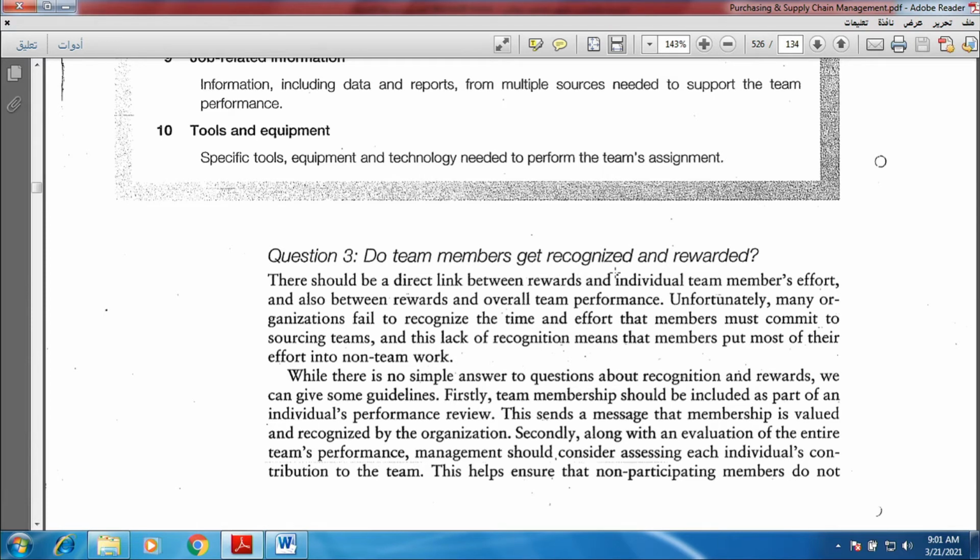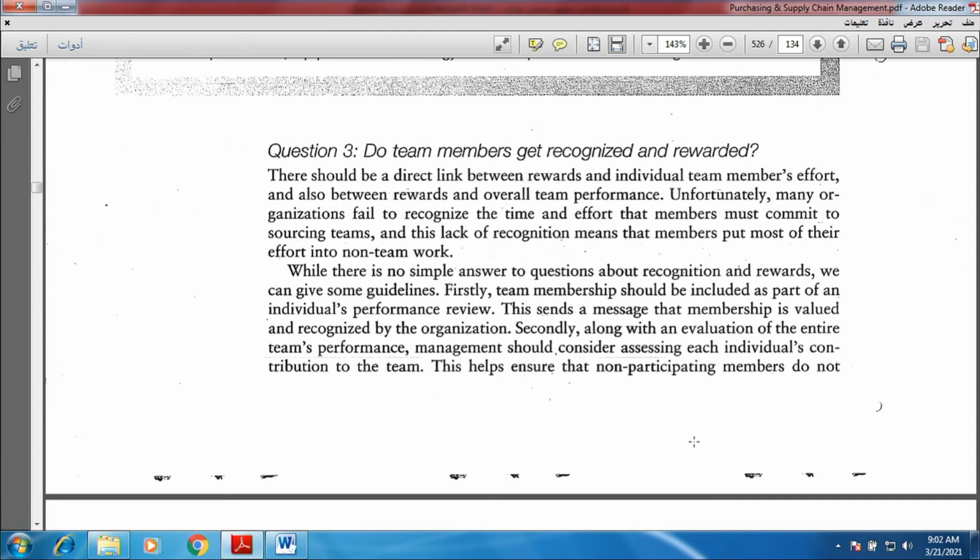Simply put, recognizing is pointing out or speaking about the team members as good persons inside our organizations. Rewarding could be in the form of tangible or intangible benefits or things given to our team members because of their performance and work.